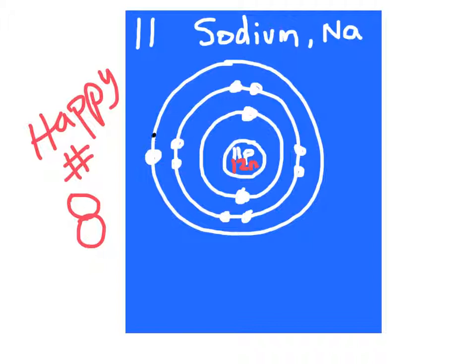He has 1 valence electron, so we're going to circle that valence electron and put an arrow out. We're going to say lose 1 electron. Now, if the one you're working with has more than 1 valence electron, say magnesium, who has 2 valence electrons, it's all or nothing.